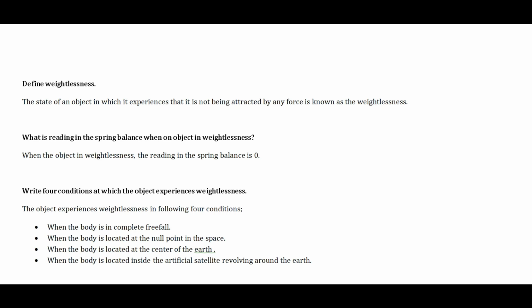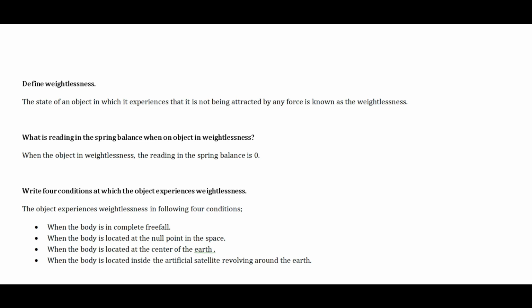And now I am going to explain in which conditions weightlessness takes place in an object. That means in which conditions the object will have no weight. There are four conditions in which an object will be in weightlessness. The first condition is when the object is in complete free fall.